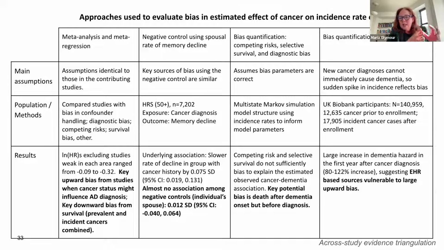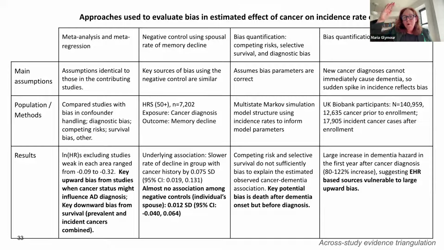And then she estimated the hazard ratio across each group of studies, excluding the others. In fact, the log hazard ratios, excluding studies weak in each area, range from negative 0.09, so about a 10% protection, to negative 0.32.